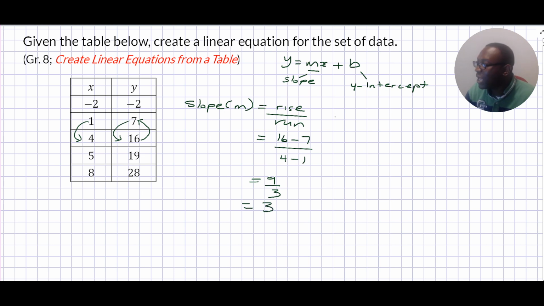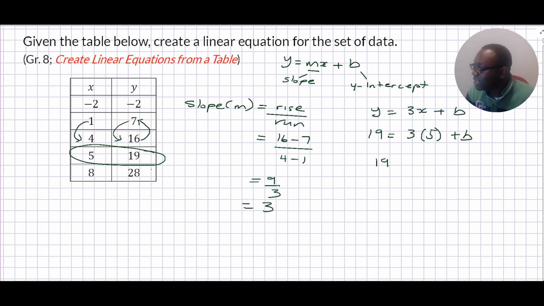So now we have an equation in the form y equal to 3x plus b. Now we need to find out what the value of b is. To do that, we can pick any set of points here. I'm going to just pick 5, 19 as our point. So y is 19 and our x is 5, so this is going to be 3 multiplied by 5 plus b.